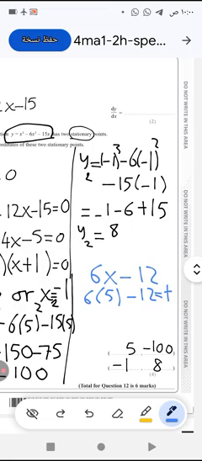In this case, if your second derivative is positive, that means your point is a minimum point. If you substitute negative 1, the second point, 6 times negative 1 minus 12 equals negative 18, negative.